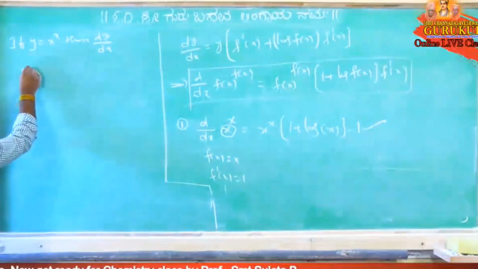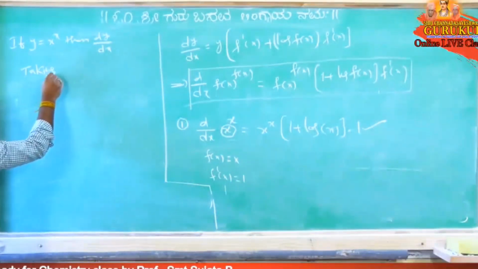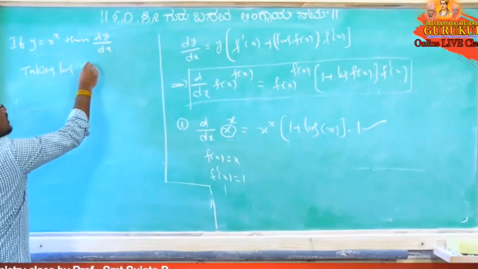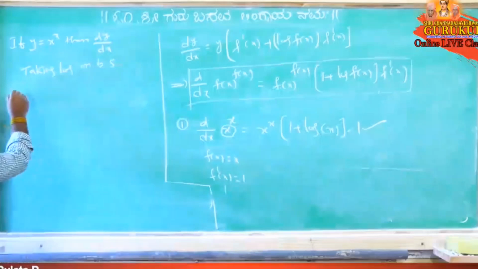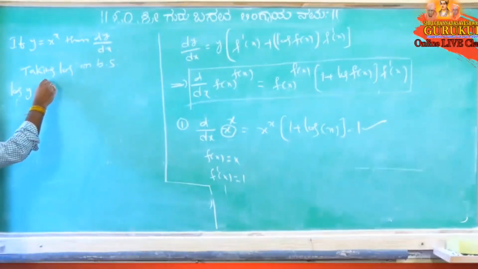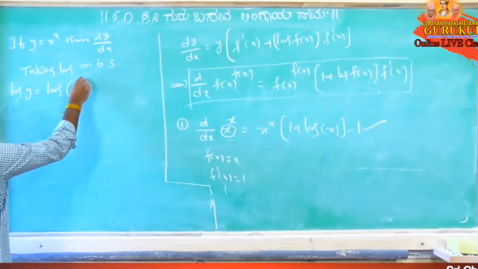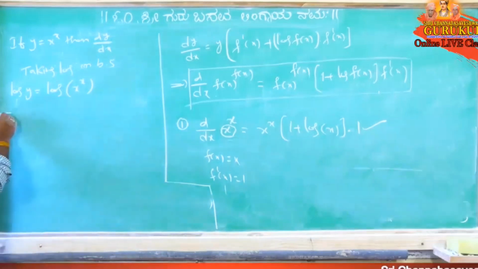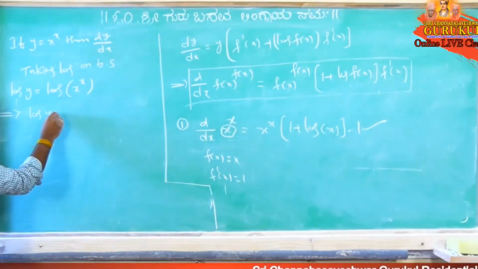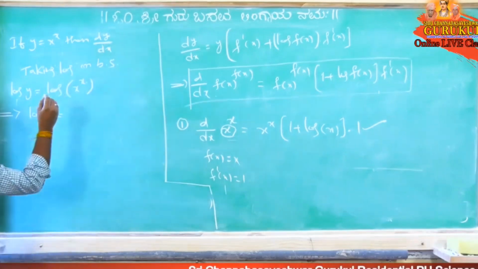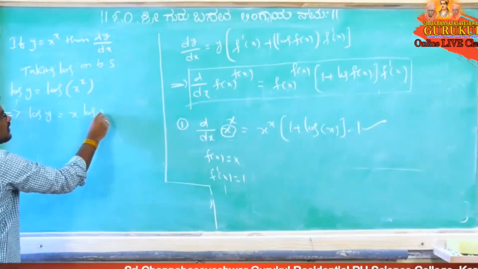First, what do we have to take? Taking log on both the sides. log y equals log of x power x. That implies log y equals, by the logarithm property, x into log x.